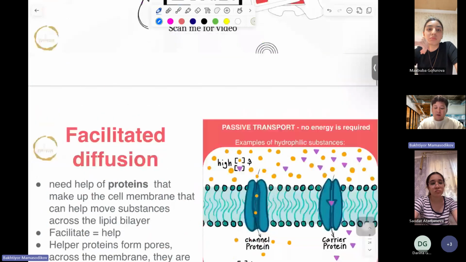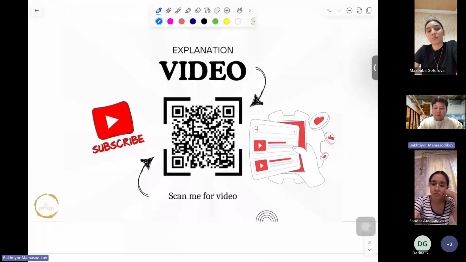My next question is, what do you think? How are the water molecules or hydrophilic substances going to cross the membrane?